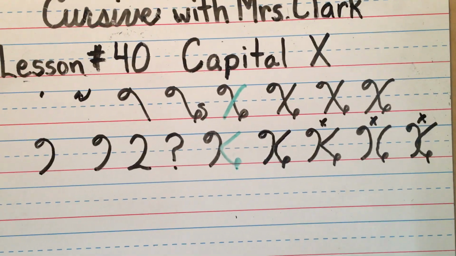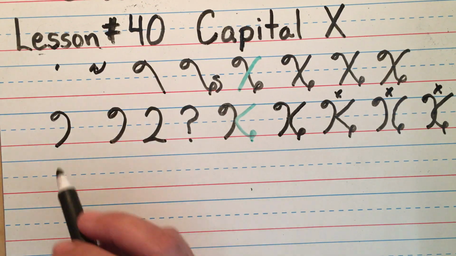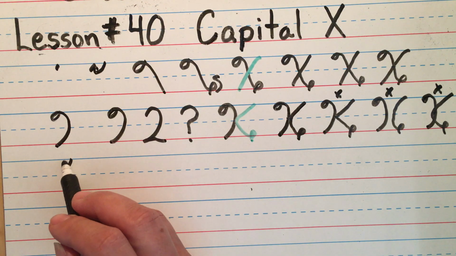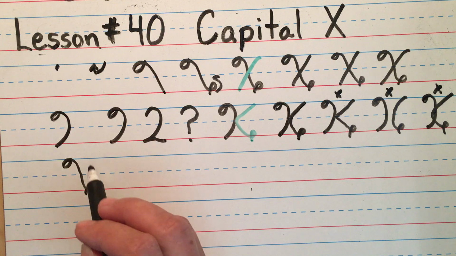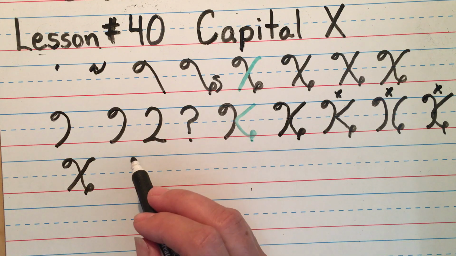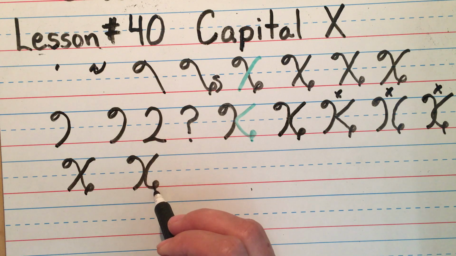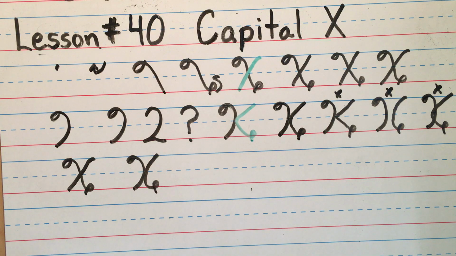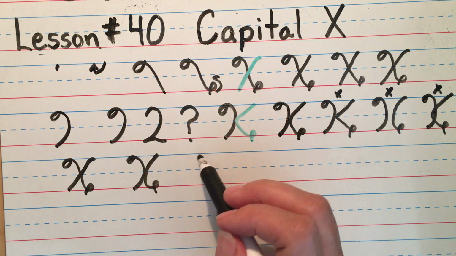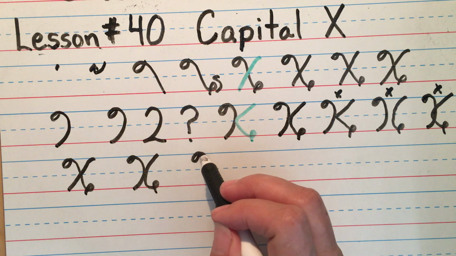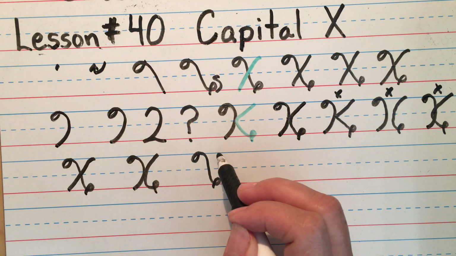So you can decide which way you prefer to make your X. You can either go loop, loop, and cross, or you can do curve out, curve in, and loop. They both look very similar, but I personally just think an X should cross.